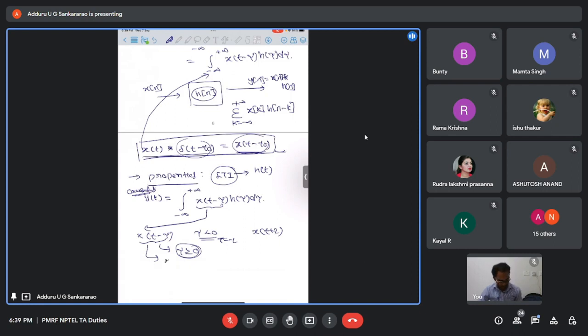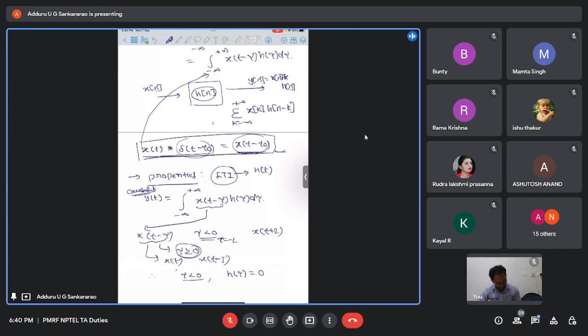When tau is 0, x of t; when tau is some positive quantity, let us say 3, x of t minus 3, a past value, right? That means, to be causal, for tau less than 0, h should become 0.